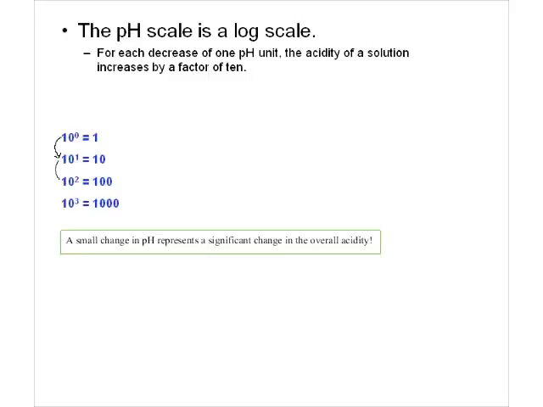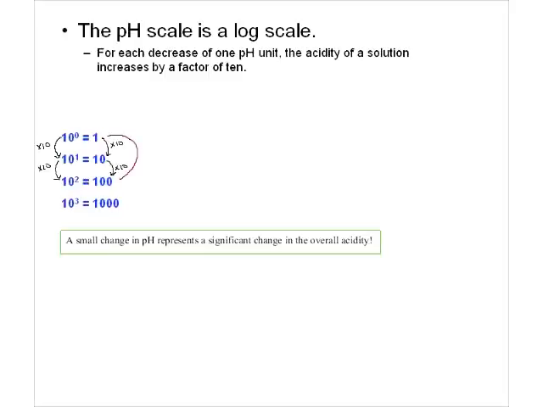And if we go up another pH unit, then that's times 10 times 10. So you look here, we've gone up times 10 and times 10. But if we skipped 2 units, if we went from 0 to 2, then we would go times 10 times 10, which would be 100 times larger.